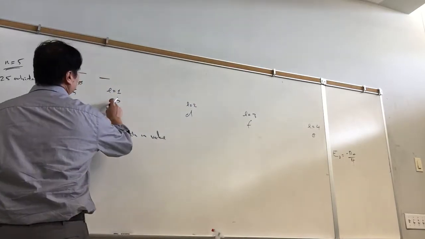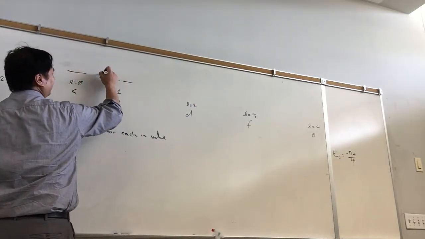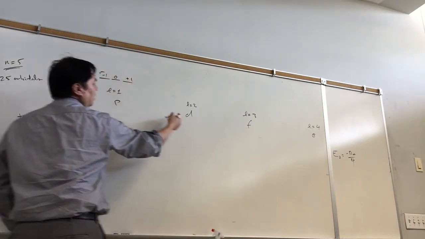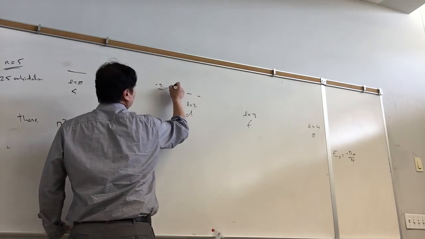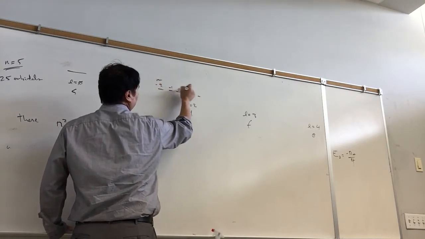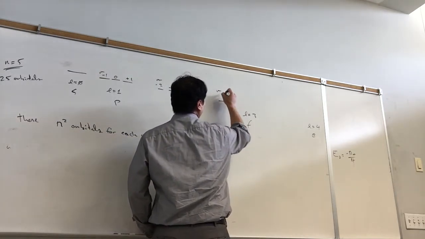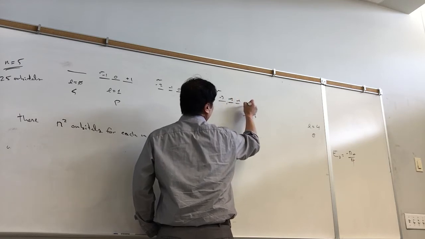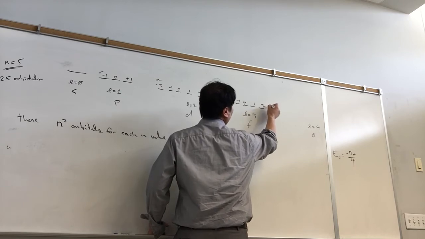Okay, so L equals 1, we have this. m can be minus 1, 0, plus 1. When L equals 2, m is minus 2, minus 1, 0, 1, 2. When L equals 3, m is minus 3, minus 2, minus 1, 0, 1, 2, 3.